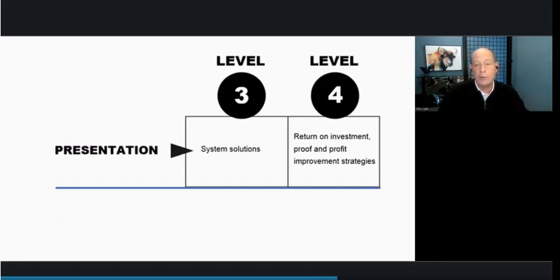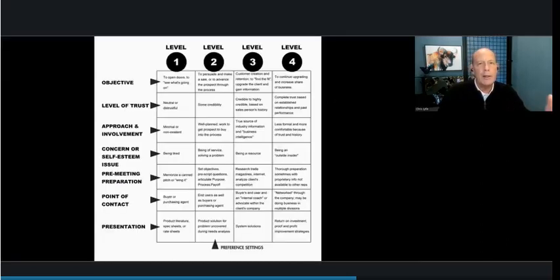In the broadcast business, it's a campaign, annual, and not just a package for a couple of months or a week or two. Level 4, you're talking about return on investment, proof and profit management strategies. So you're having more business discussions with people, not just your product discussions, product and service. So there's the whole chart.